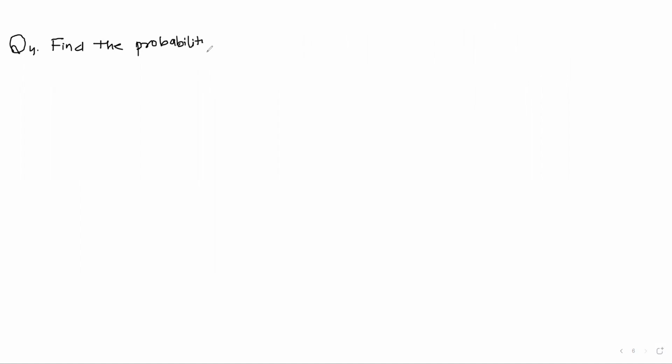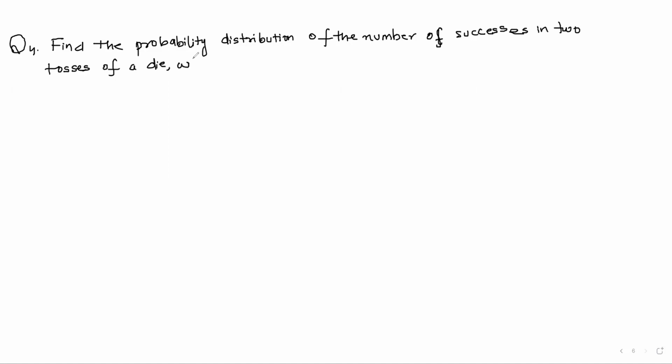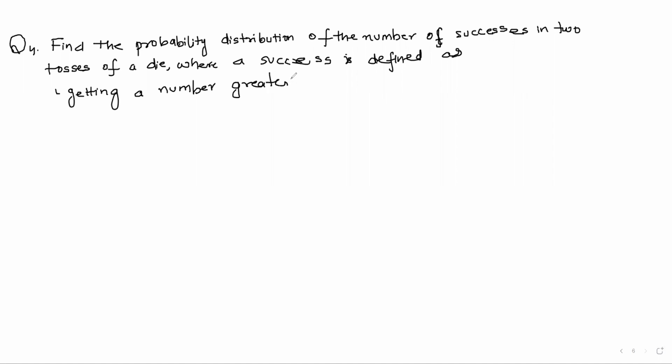Find the probability distribution of the number of successes in two tosses of a die, where a success is defined as getting a number greater than 4.